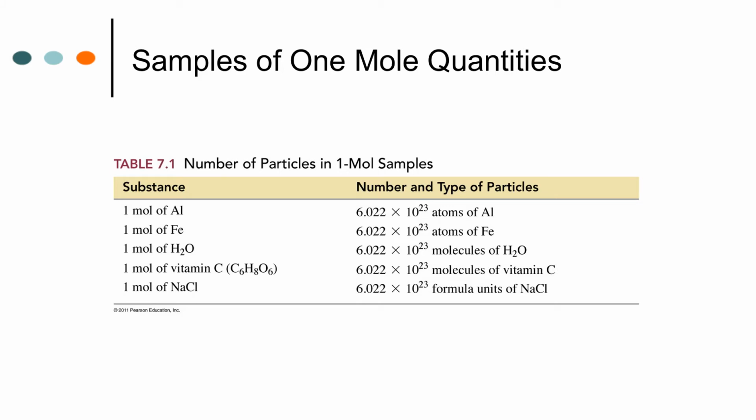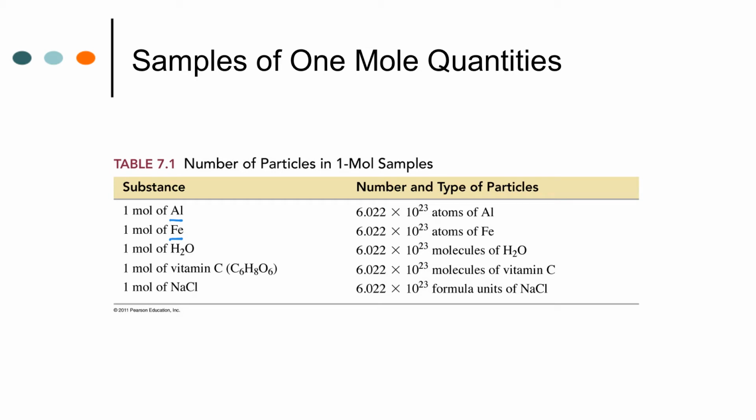And so here's just a table that gives you an overview of the substances. So we have aluminum, which is just an element. 1 mole of iron would be an element. So we can say 1 mole of aluminum would be 6.022 times 10 to the 23rd atoms. And then 1 mole of iron, which is an element, 6.022 times 10 to the 23rd atoms.